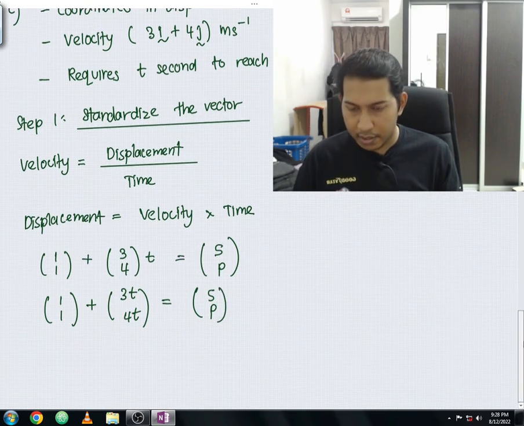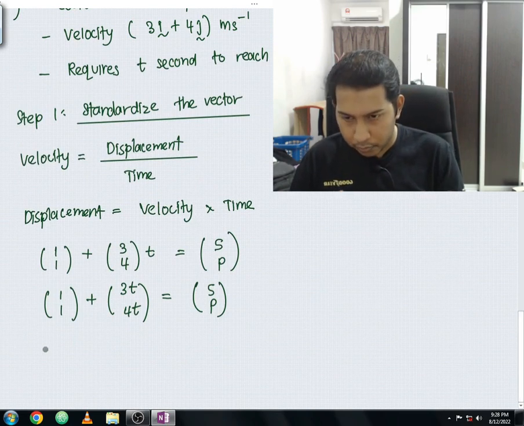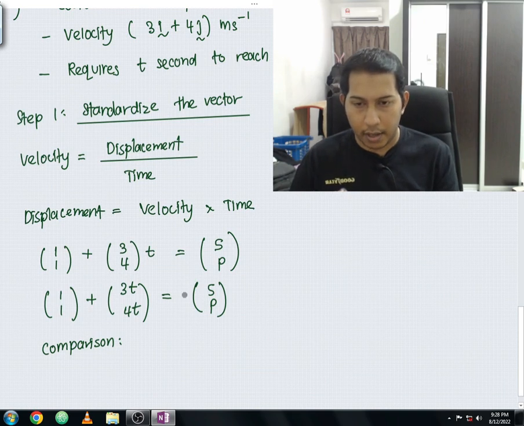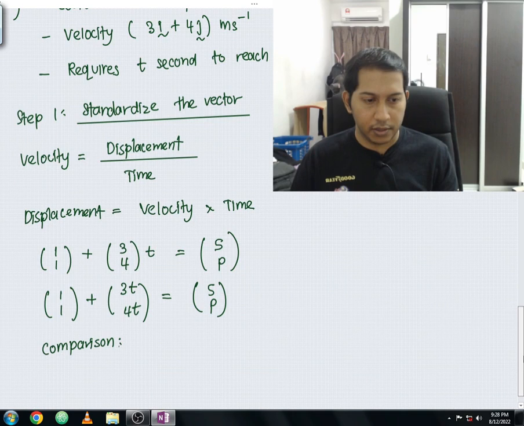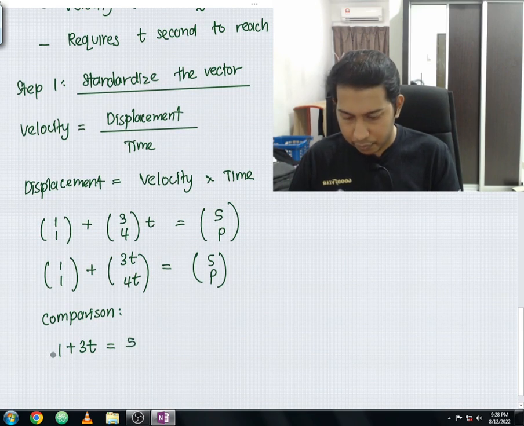Okay, let us continue. Let us do the comparison of the matrix. Let us start with the x coordinate, the i component, I will say x component in this case. So from here 1 plus 3t is equal to 5.